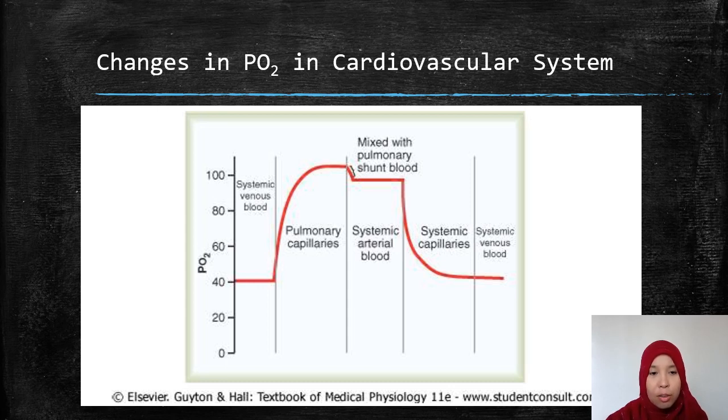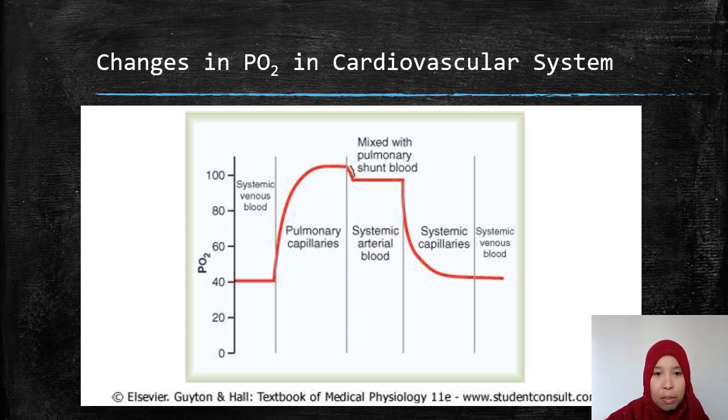Here you can see that the level is 40 millimeter mercury partial pressure of oxygen in the systemic venous blood. This is the blood that returns from the rest of the tissues, coming back to the heart, and from the heart it is pumped to the lung through the pulmonary capillaries.